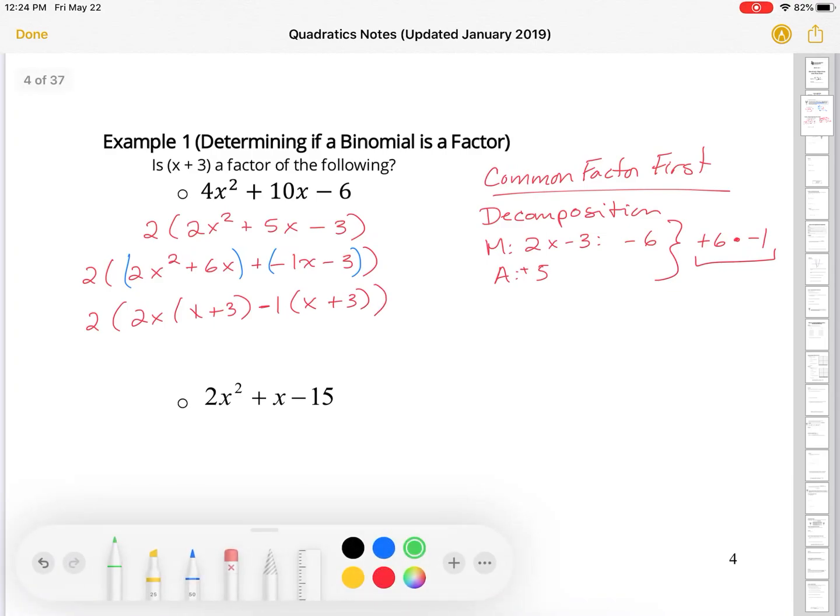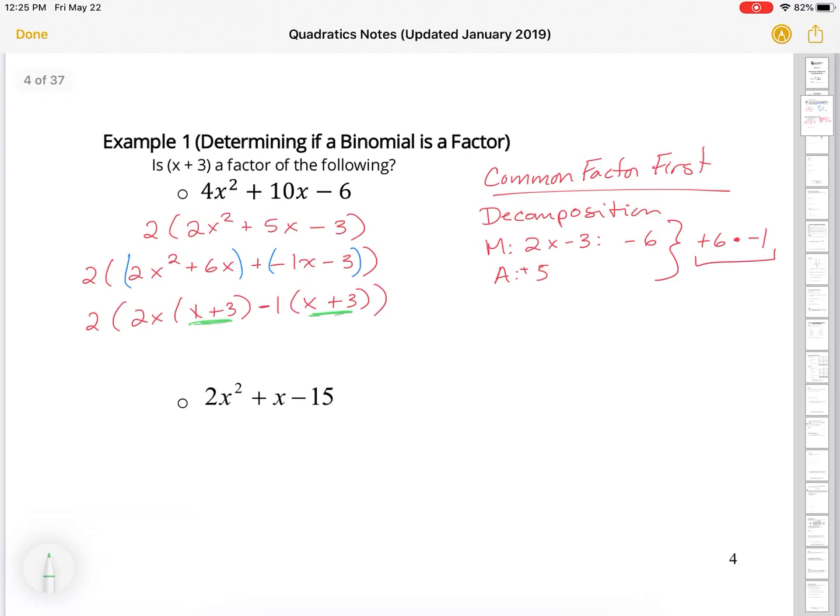And a big tip with decomposition, if you get the same terms there, I've factored out that common factor, then you know you're on your right track. The other values make up your other bracket. So one bracket is my x plus 3, and the other bracket is my 2x minus 1.